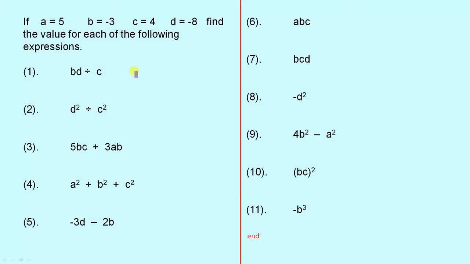Now this slide here, we have some different values for A, B, C and D, but the exercises are similar. What we have to do is very, very similar. You'll notice there's some division here, so we have to be very careful. Okay, when we have expressions, we look at it very carefully. We have to do all the multiplications and divisions first.